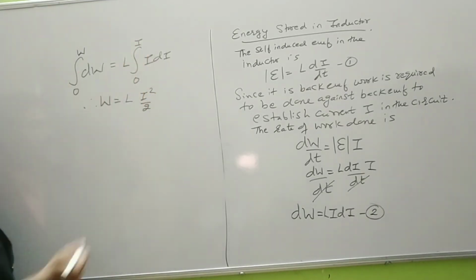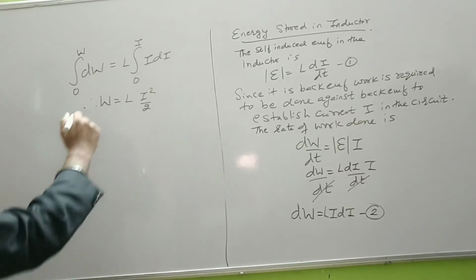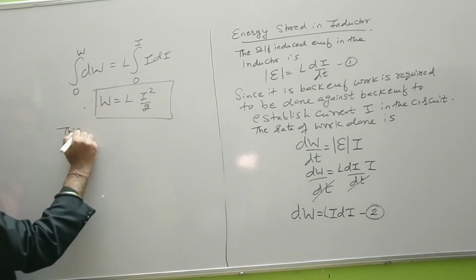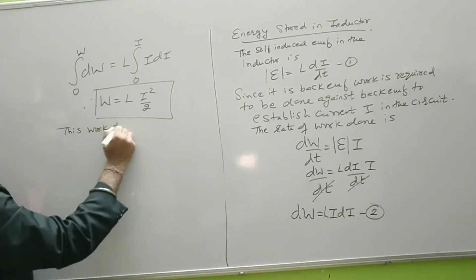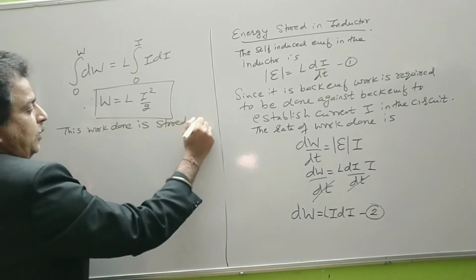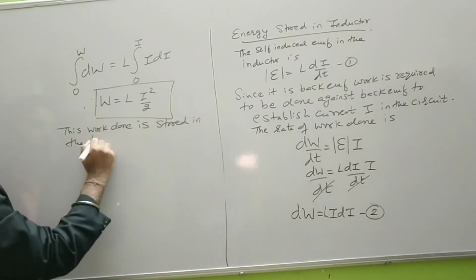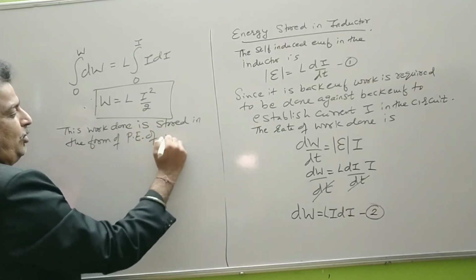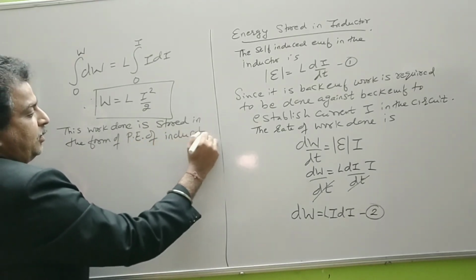The limit initial is 0 and the final is I. So the work done will be equal to half L I square. So this is the amount of work which is required to be done. This work done is stored in the form of potential energy of the inductor.